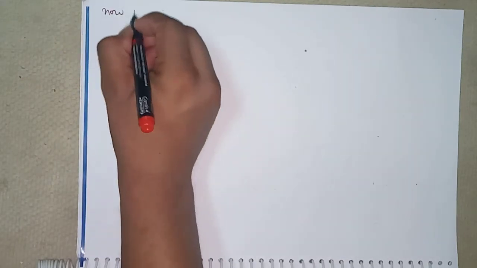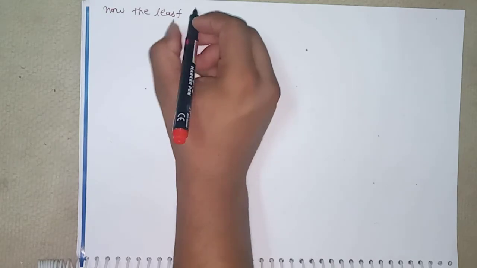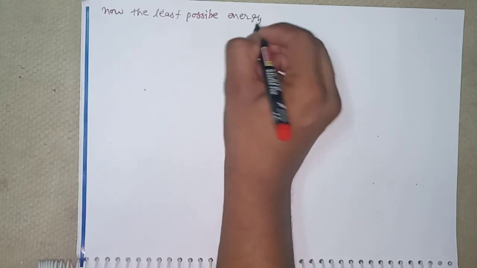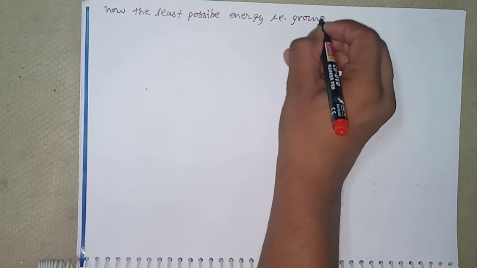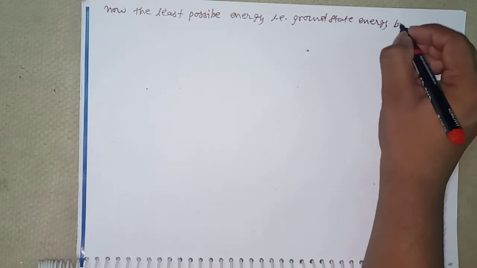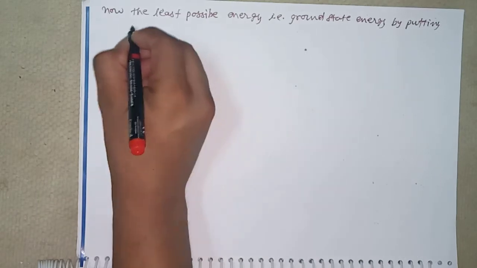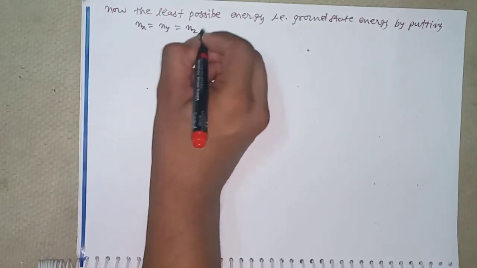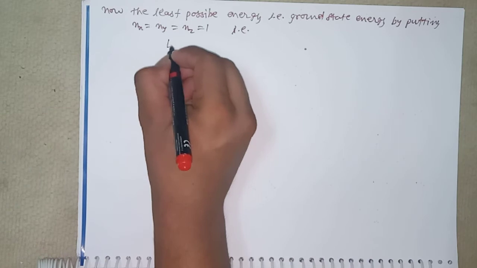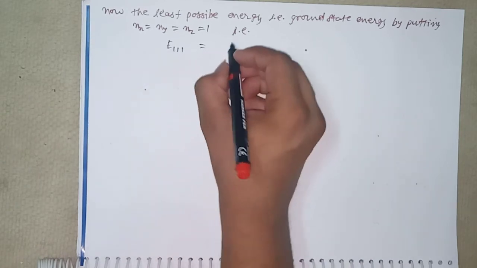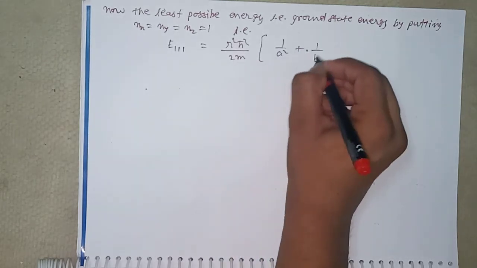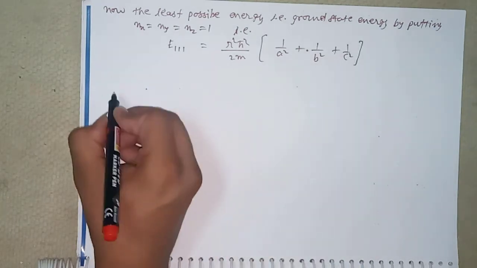Now the least possible energy, that is ground state energy, by putting nx is equal to ny is equal to nz is equal to 1, that is E 111 is equal to pi square h cut square upon 2m bracket 1 by a square plus 1 by b square plus 1 by c square bracket.